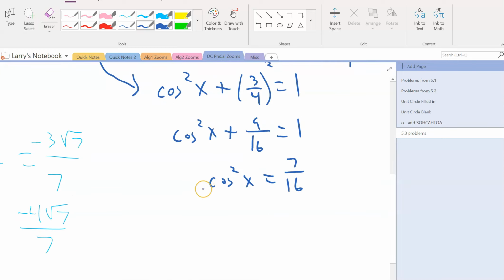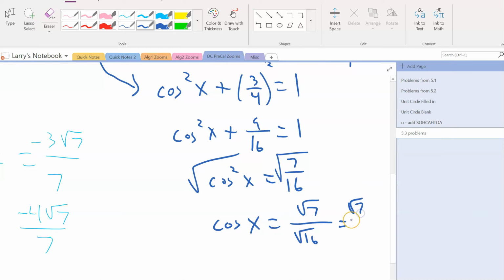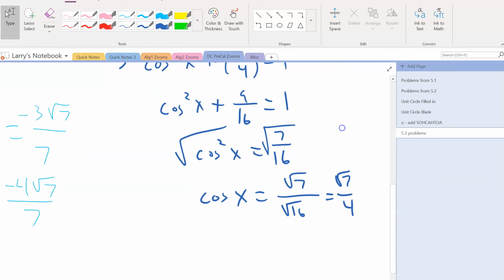Taking the square root of both sides, you're left with cosine x is equal to square root of 7 over the square root of 16, and the square root of 16 is 4, so we have the square root of 7 over 4. But we know it's a second quadrant.